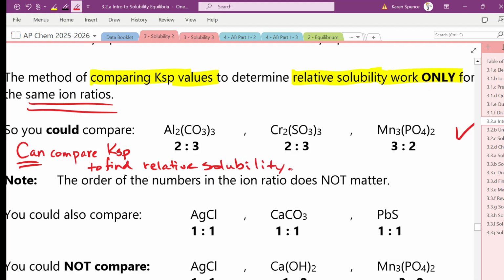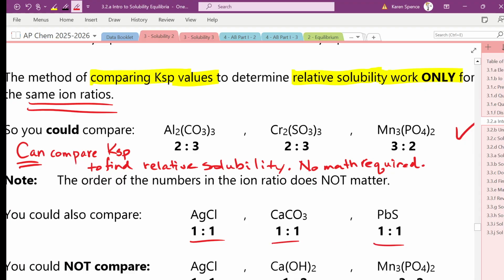You can compare KSP to find the relative solubility. You don't have to do any math. You can compare AgCl, calcium carbonate, and lead sulfide because these are all 1 to 1, 1 to 1, 1 to 1.